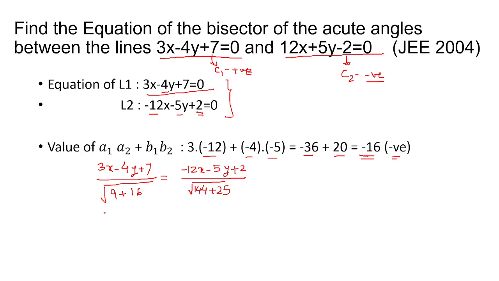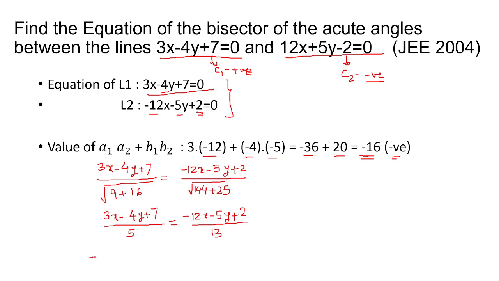So this will be (3x minus 4y plus 7) divided by, square root of 25 is 5, is equal to (minus 12x minus 5y plus 2) divided by, 144 plus 25 is 169. The square root of 169 is 13.